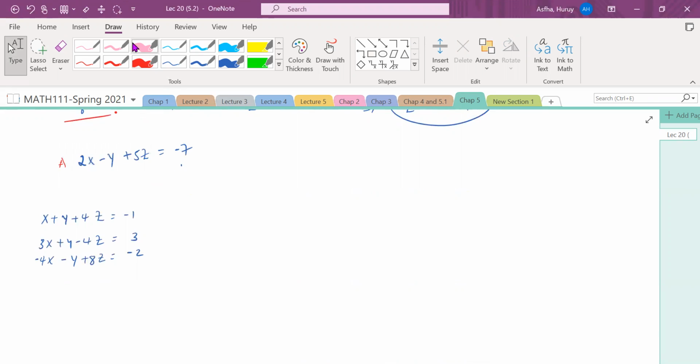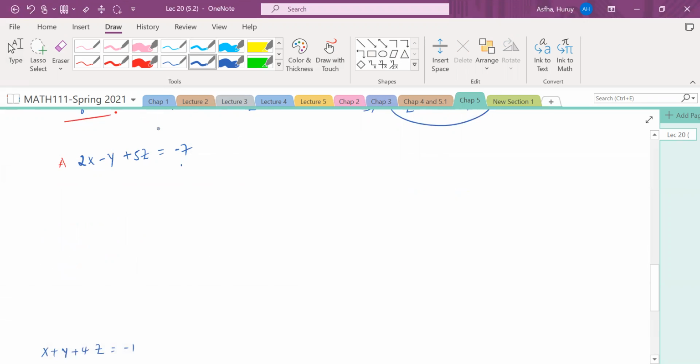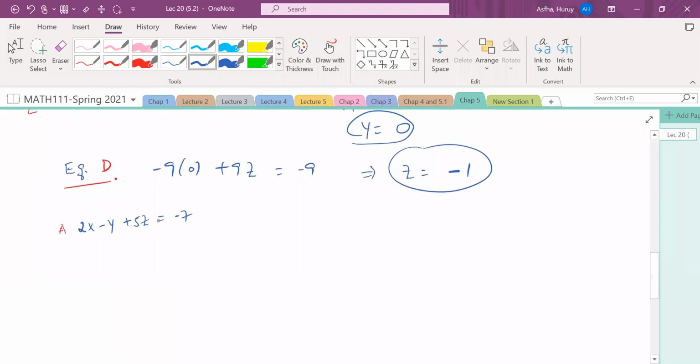Here I have this one. Now since the values of y and z are known, 2x minus y, which is 0, plus 5z, which is -5, equals -7.